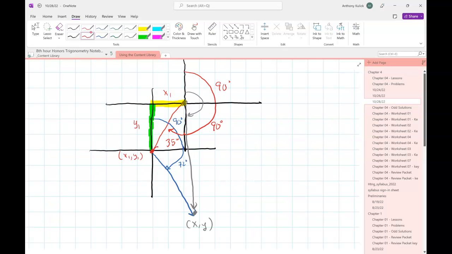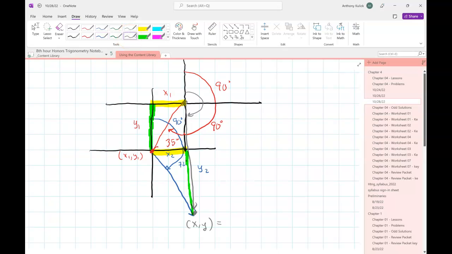Everybody agree with that? And then on the second leg of my journey, I'm really going this far over, call that x2, and then this far down, we'll call that y2.